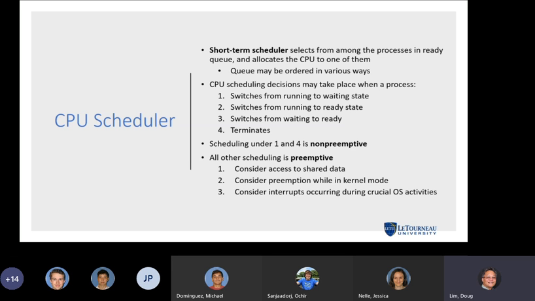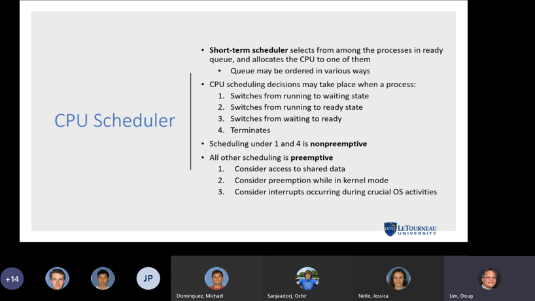Scheduling under 1 and 4 above, where it switches from running to waiting or terminates, is non-preemptive because we have voluntarily removed ourselves from the running state. But the other two are preemptive, when you're involuntarily switched from the running to ready state, and from waiting to ready, which happens from an interrupt from the I/O.